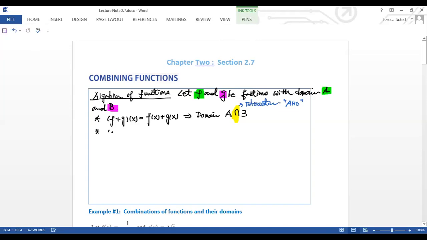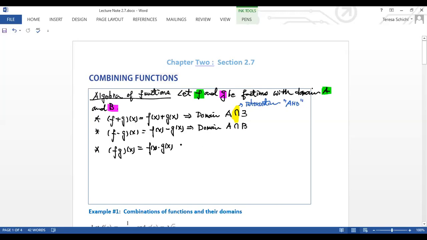The same way, f minus g of x is the same as f(x) minus g(x). The domain here has to be the same, A intersect B. If you see the notation f g of x, that means f(x) times g(x).